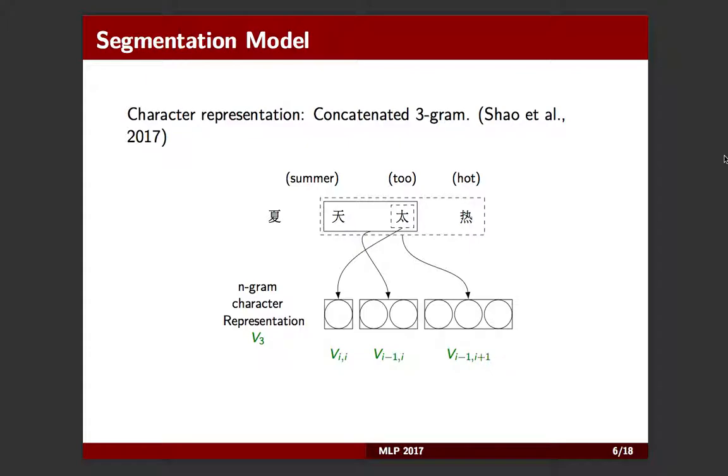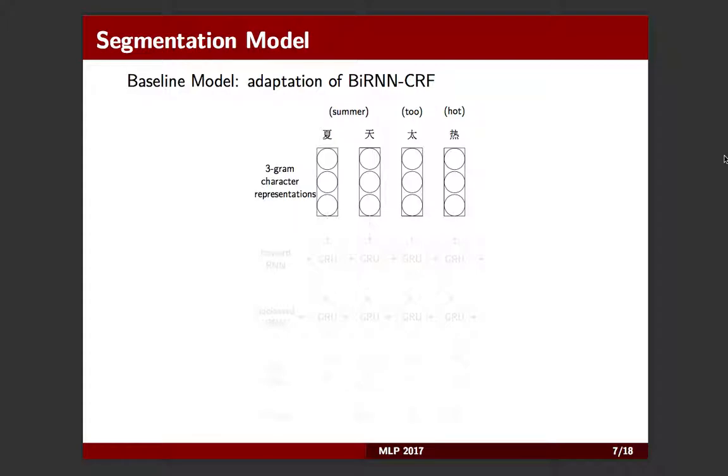So the context-free vector, bigram vector, and trigram vector are all initialized randomly, but they are updated during training by backpropagating the gradients.